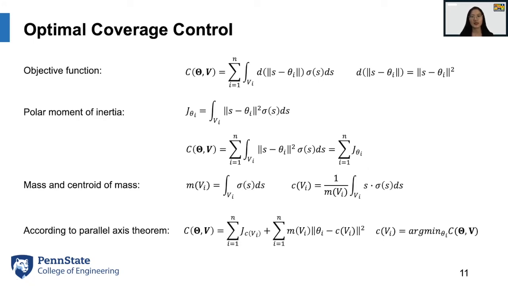According to the parallel axis theorem, we can substitute J theta i in the objective function with polar moment of inertia about centroid of Voronoi region, plus the mass of region times squared L2 norm. From this equation, we can see that the objective function is minimized when agent theta i is located at the centroid of Voronoi region.